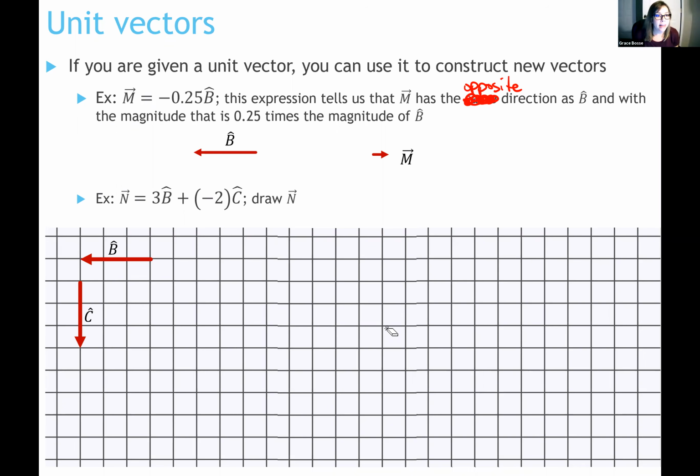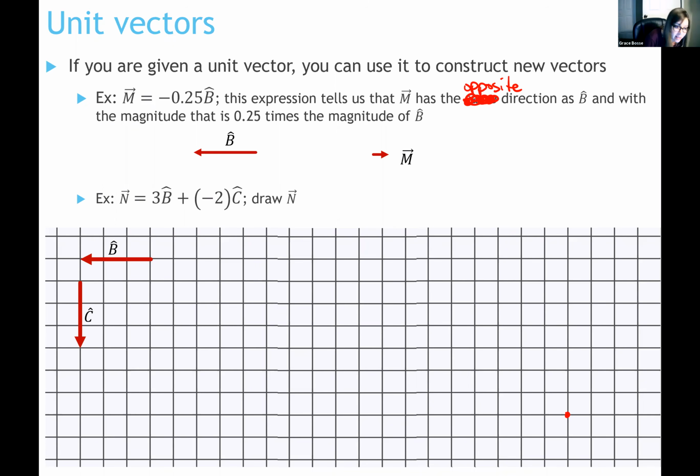I'm going to go ahead and do it. First, I'm going to find 3 times b hat. Then I'm going to find negative 2 times c hat. I'm going to place those vectors tip to tail, and then I'm going to draw the resultant. Those are the steps of vector addition. So let's first find 3b hat. I'm going to start right here. Notice that vector b hat, unit vector b, is pointing to the left 3 squares.